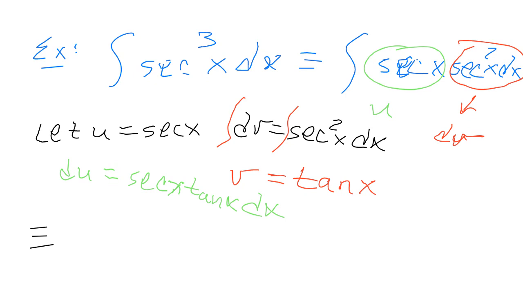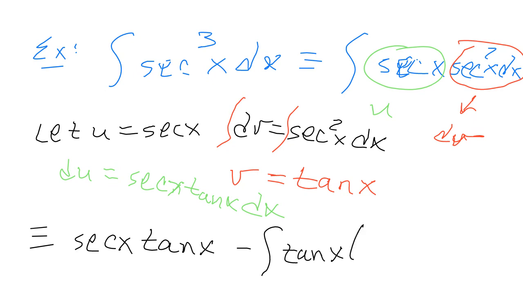It's uv, so secant x tangent x, minus the antiderivative of v du. So v is tangent x, and du is secant x tangent x dx.